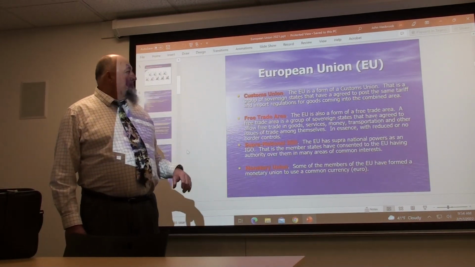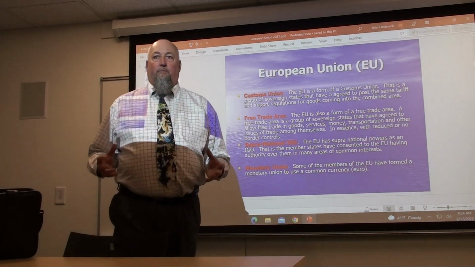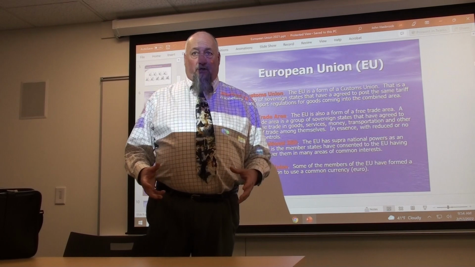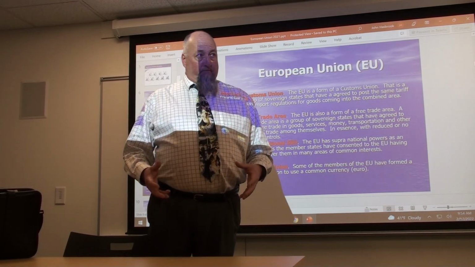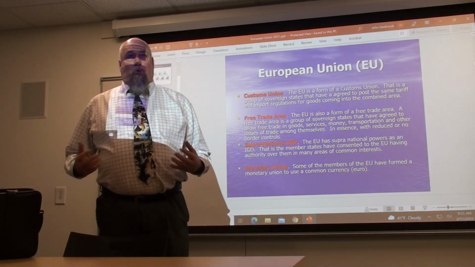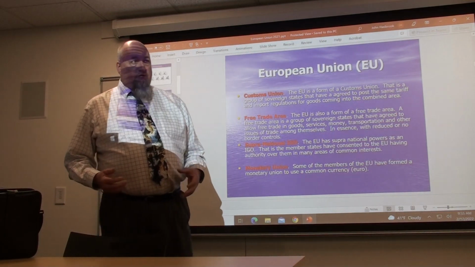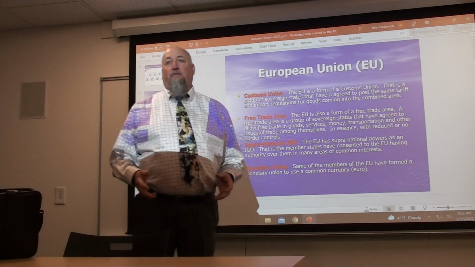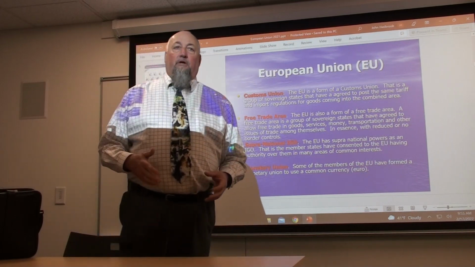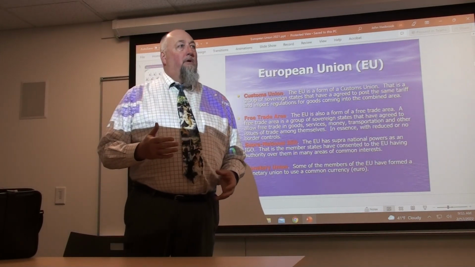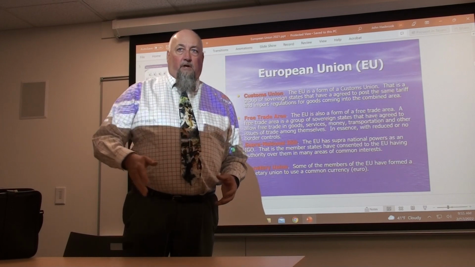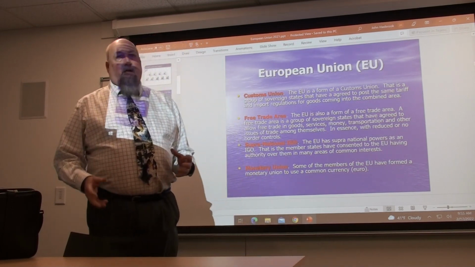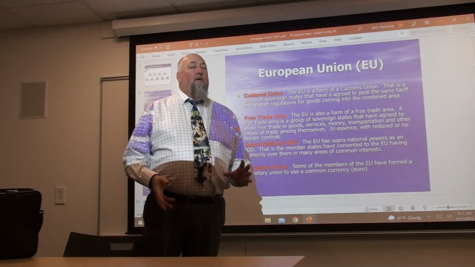Now remember, a customs union is where you have a group of sovereign countries that have agreed to establish the same laws for imported goods. So that includes tariffs, establishing the taxes that are paid when goods are imported into the countries that are part of the customs union. So they're all going to have the same tax rate.